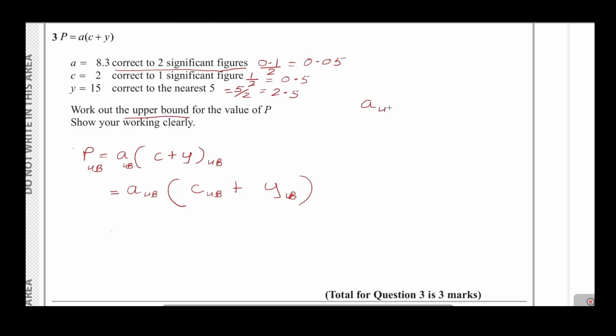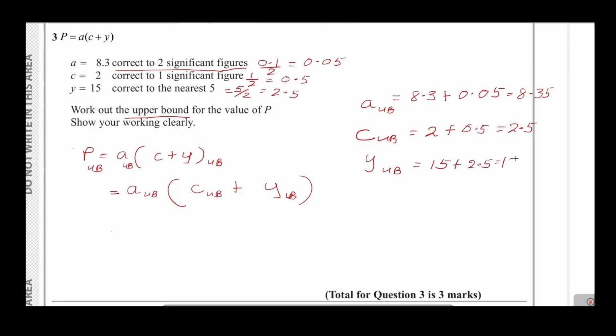So upper bound of a becomes 8.3 plus 0.05, which gives 8.35. Upper bound of c is 2 plus 0.5, which gives 2.5. And upper bound of y is 15 plus 2.5, which becomes 17.5.